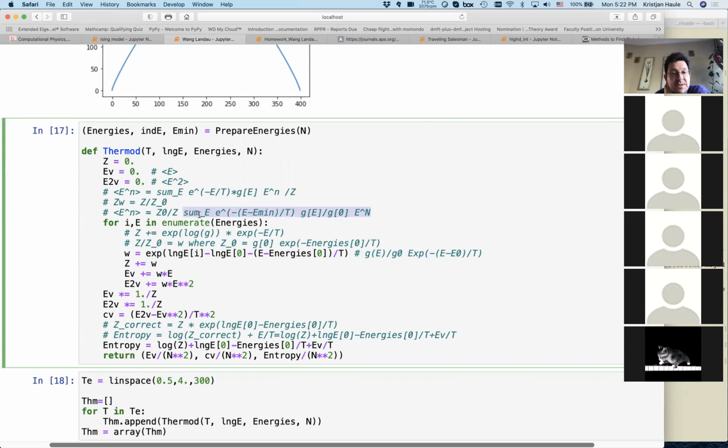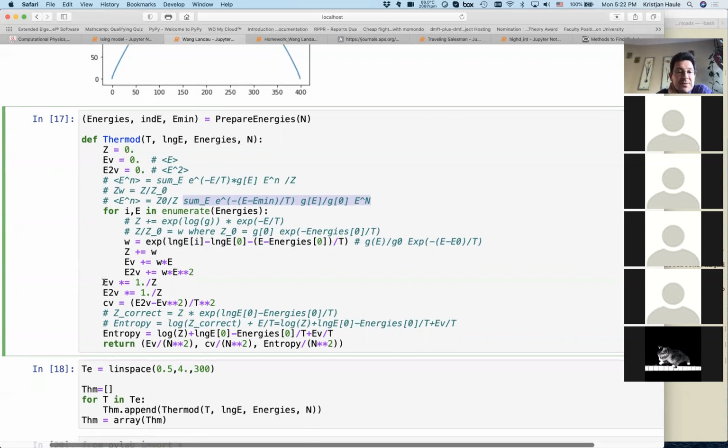So this is what we call EV. And then E2V is basically just taking E square here, E to the power of 2. And then at the end of the day, we multiply. Well, no, actually we divide by what we call Z.